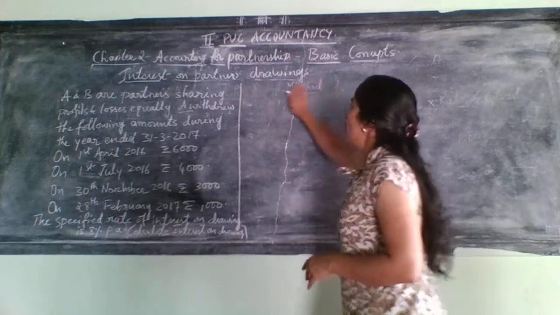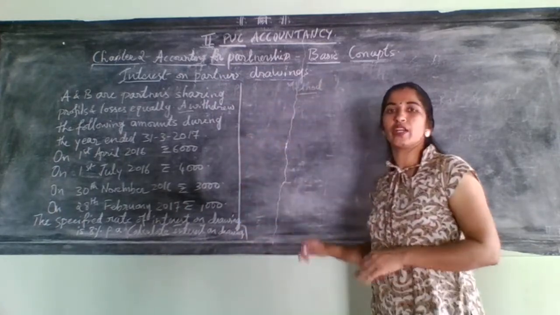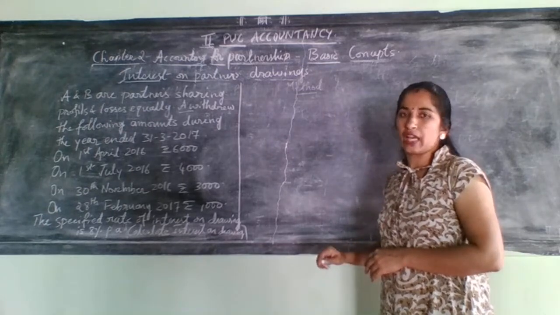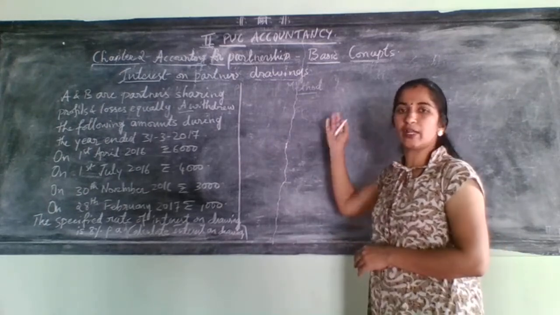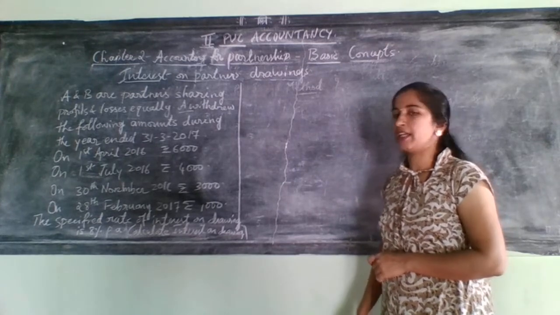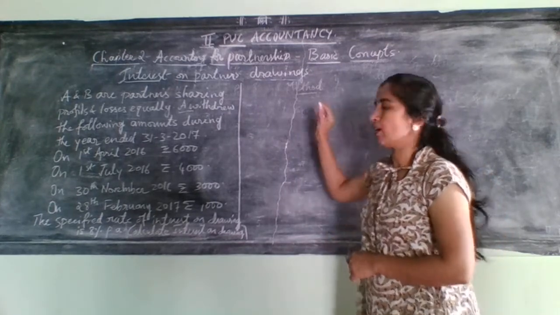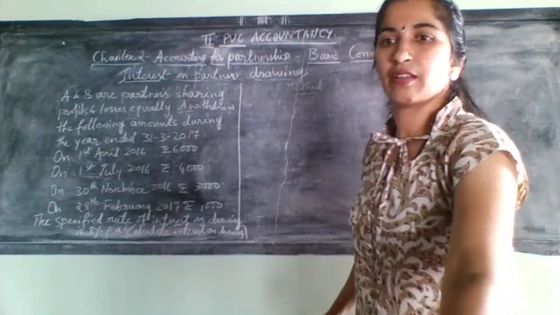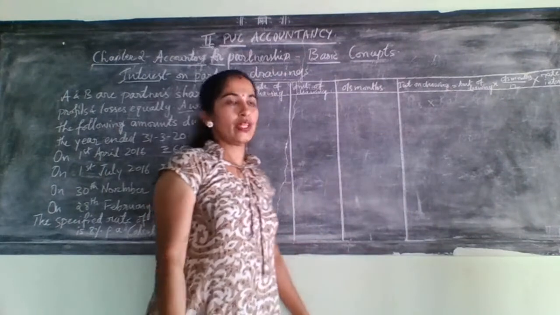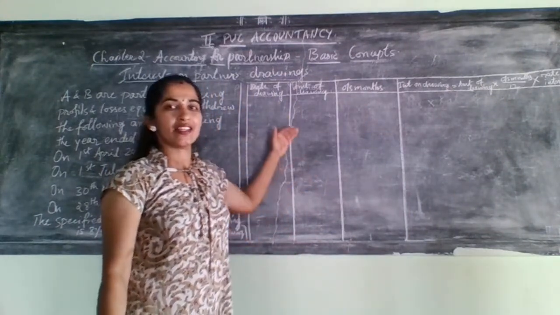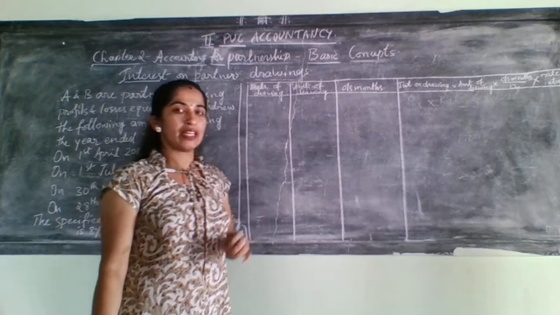To do this, we can put one column so that it is easy for us to calculate, and there we can calculate the amount, later add it and write it for the final. If you put one box like this, you can solve it very easily.